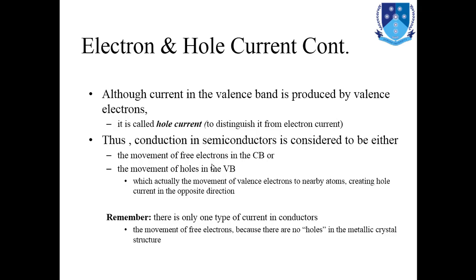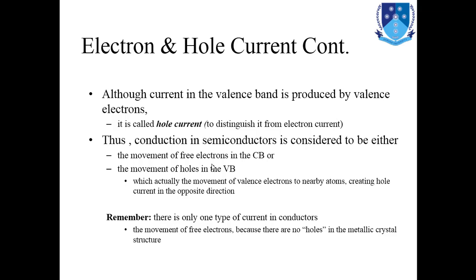The hole current is actually the movement of valence electrons to nearby atoms, creating hole current in the opposite direction. And this can be understood using the diagram on the next slide. But before going to the diagram, remember that there is only one type of current in conductors: the movement of free electrons, because there are no holes in the metallic crystal structure.